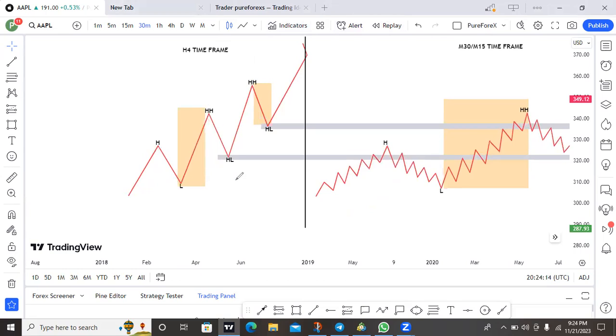Is it not a retracement? Yes, sir. Are you going to be selling this retracement?